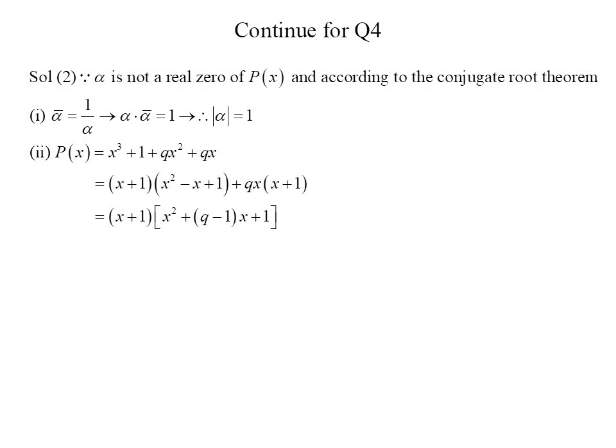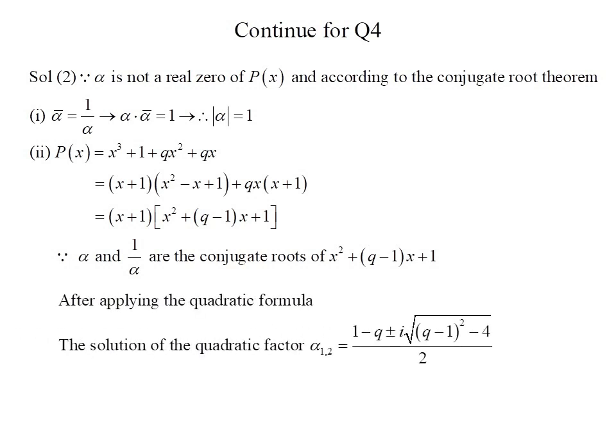Since alpha and its reciprocal are conjugate roots of the quadratic x squared plus (q minus 1) times x plus 1, we apply the quadratic formula to find the expression of the roots alpha sub 1 and sub 2. It can be seen from the root expression that the real component of either alpha sub 1 or sub 2 is equal to (1 minus q) over 2.